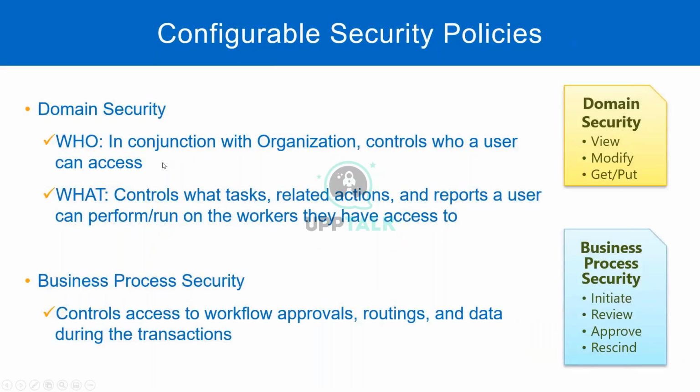We looked at it like this: the domain security policy will tell you who has access to what, and a business process security policy says who can do what. What kind of approvals, what kind of actions you can take on the business process side, if you can initiate, if you can review, if you can approve, etc.